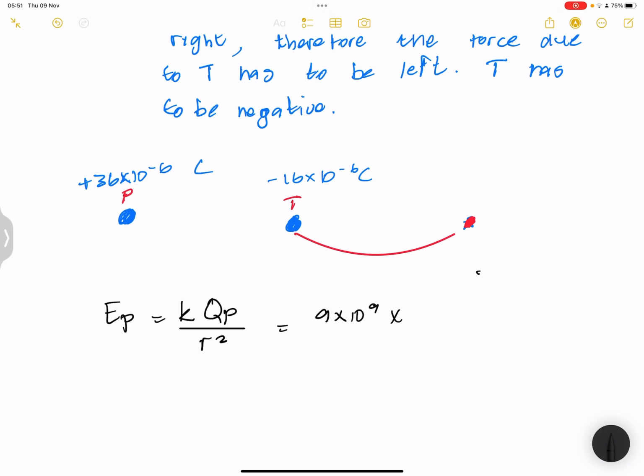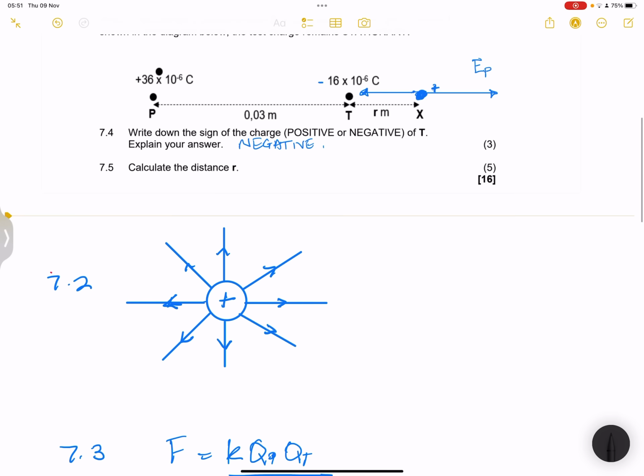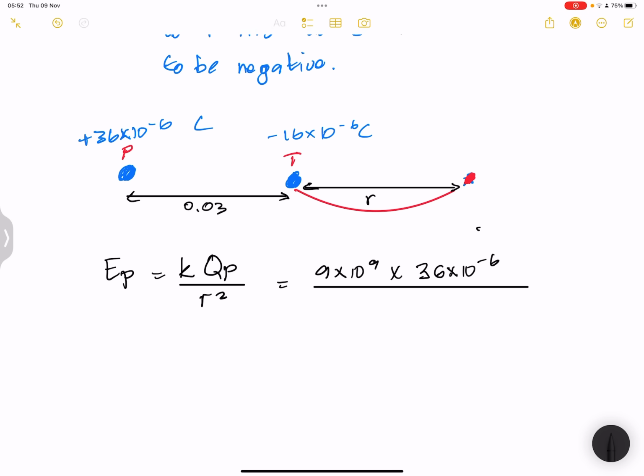So that's 9 exponent 9, and the charge is 36 times 10 minus 6, divided by... Note, we know the distance between P and T is 0.03, but we did not know the distance between T and the point charge, and we named it R. So the distance between P and the point charge should be 0.03 plus R. So this will be 0.03 plus R squared.